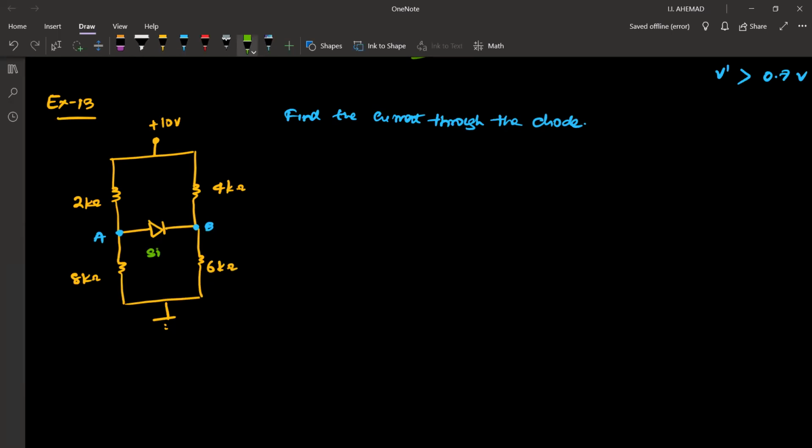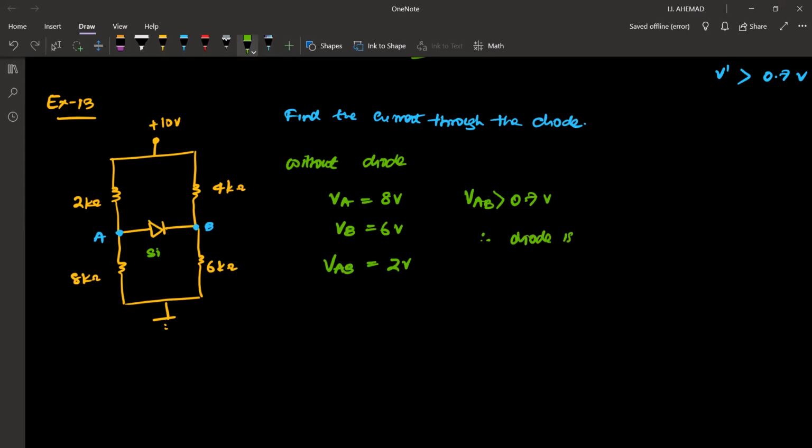So without the diode, VA is equal to 8 volt and VB is equal to 6 volts. VAB is equal to 2 volt. VAB is greater than 0.7 volt. Therefore, the diode is forward biased.